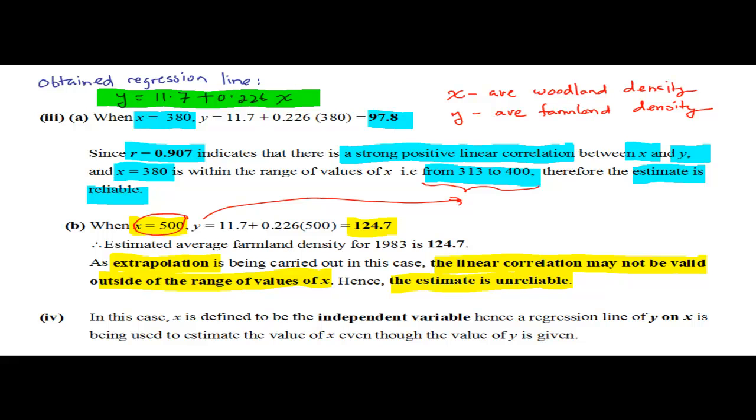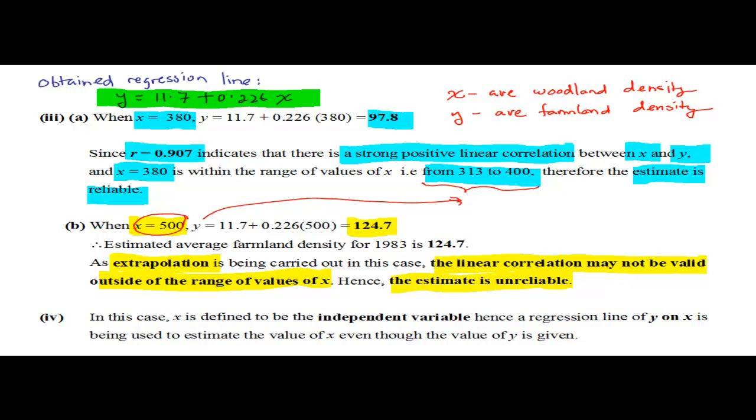In part 4 we are required to determine which variable is the dependent and which is the independent variable. I have already explained in my earlier discussion why x is the independent variable and y is the dependent variable, due to the way the question is phrased. Whenever we want to find the independent or dependent variable, we need to look carefully into the context of the question.